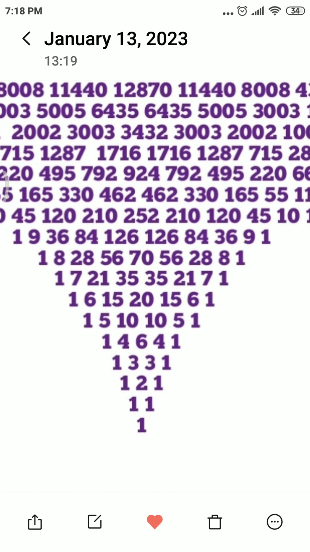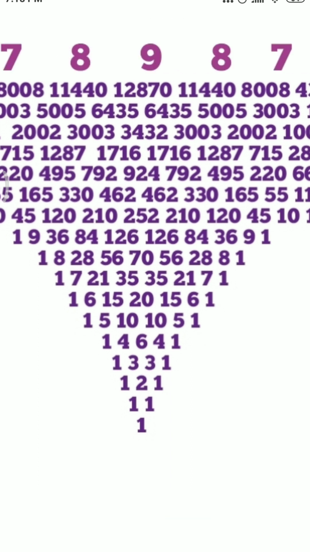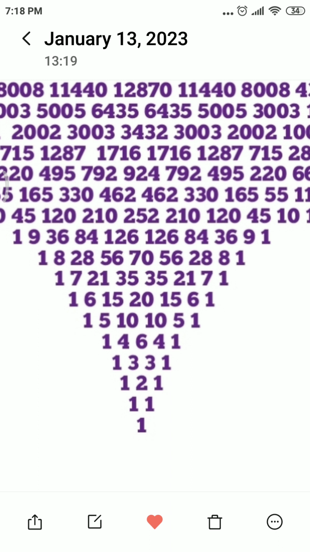The individual parts into which the 11 is divided are given by powers of 10. 10 is nothing but the basic unit of energy. 11 is the basic unit of mass, you can say.